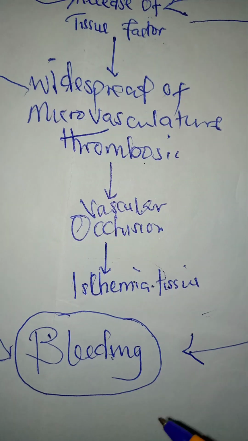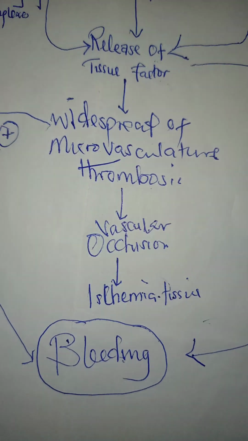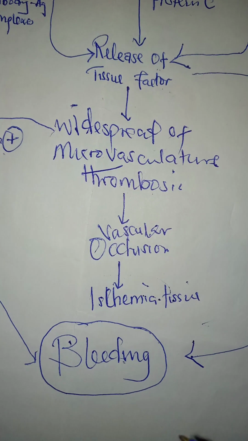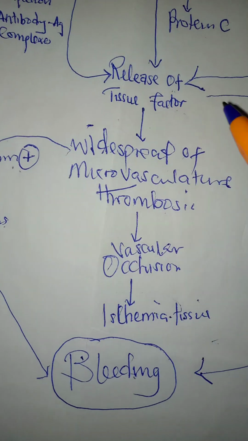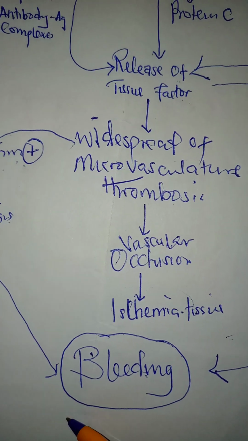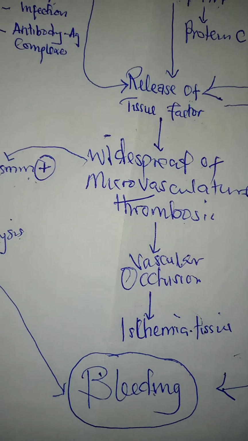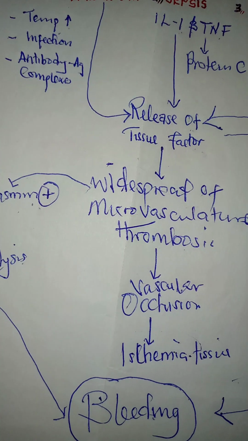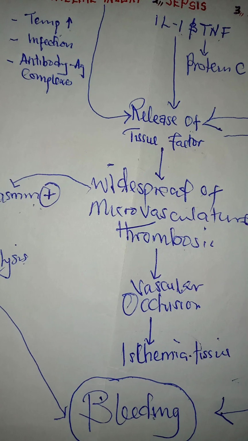Because we don't have factors which are capable of causing clot formation. Now, if you can't form a clot, then it means we are promoting bleeding. So we have bleeding here. All right. So that's basically how DIC can lead to bleeding in patients.